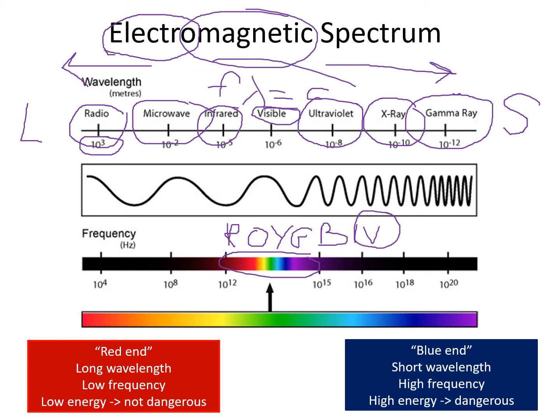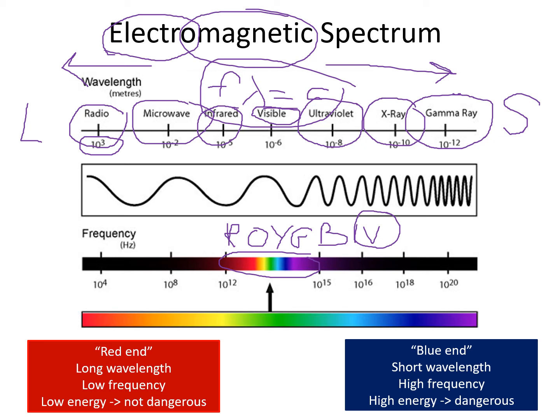Now remember that the frequency times the wavelength equals the speed of light, which means that as the wavelength gets bigger and bigger, the frequency has to get smaller and smaller so that they balance. Similarly, as the wavelength gets smaller and smaller, the frequency has to get bigger and bigger to compensate.